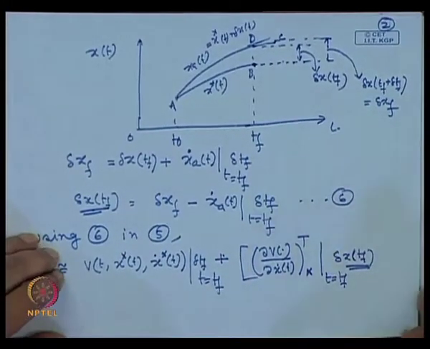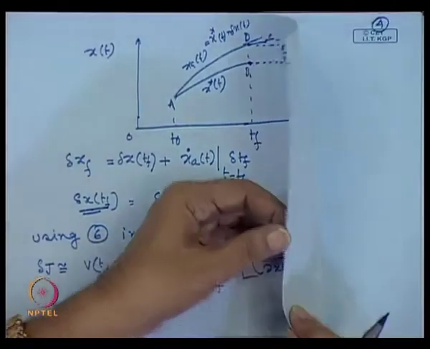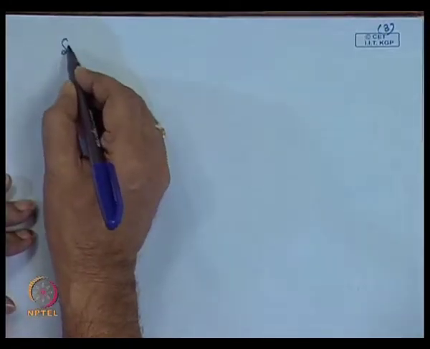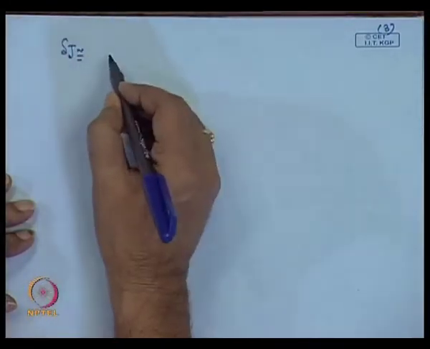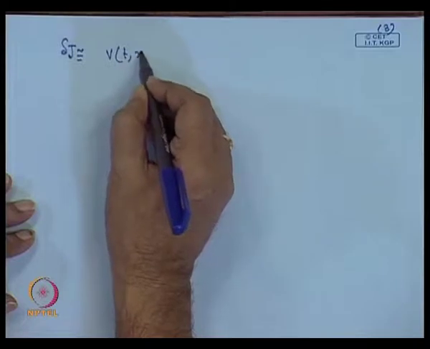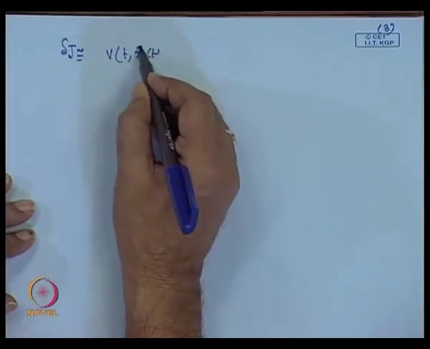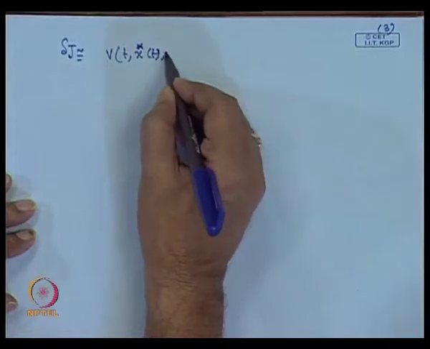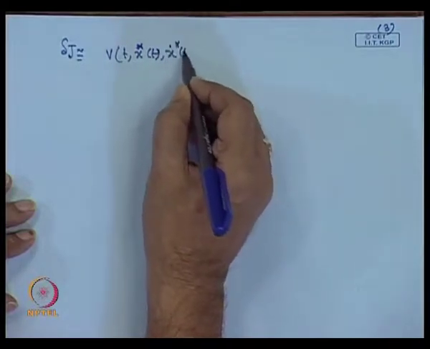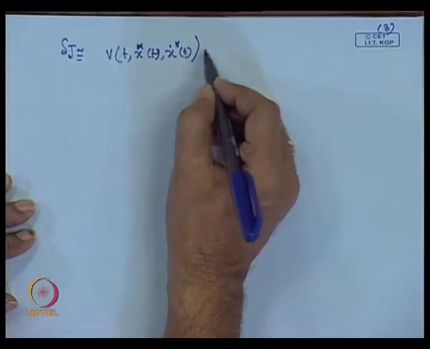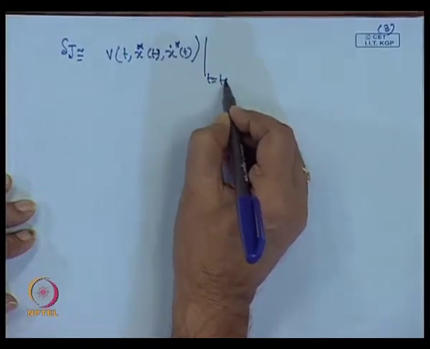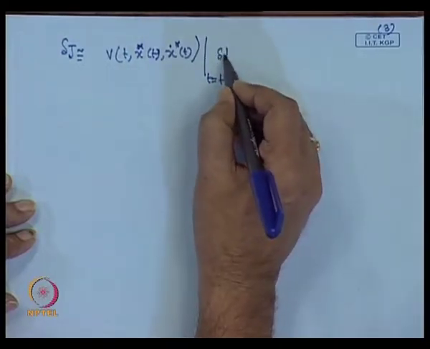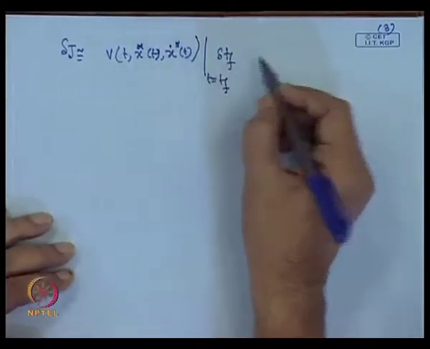So if you use this value here, then we will get delta J nearly equal to V_t at x star of t, x dot star of t, bracket close, t is equal to T_f, into delta T_f. That is the first term as it is.